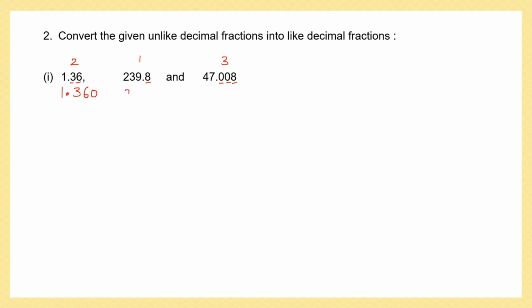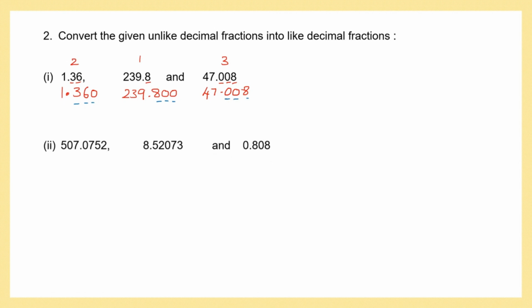Second one, 239.800. Third one, 47.008. So now they all have 3 decimal places.